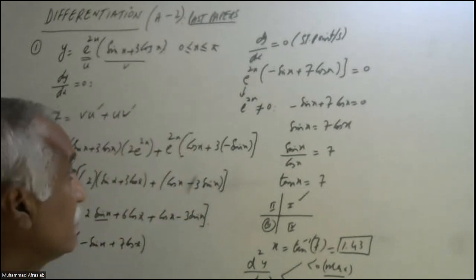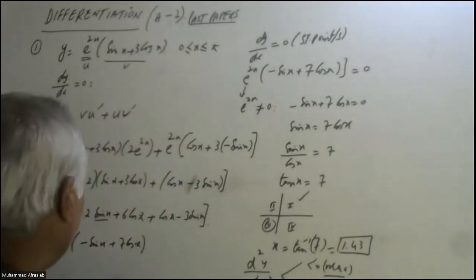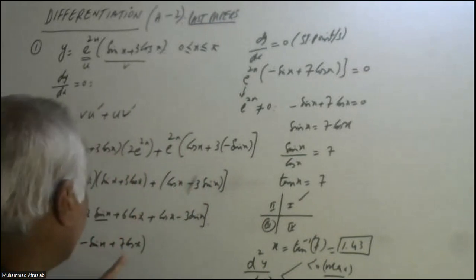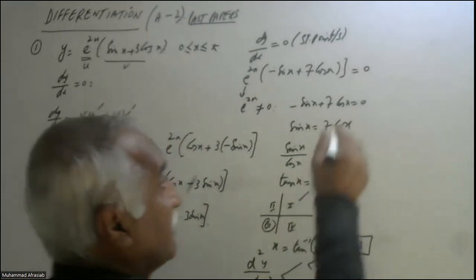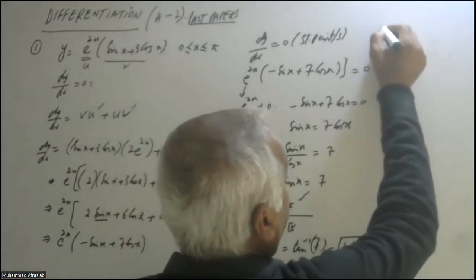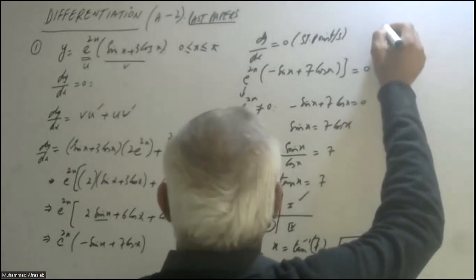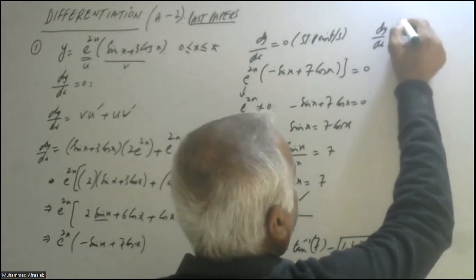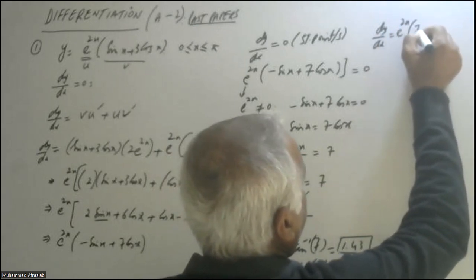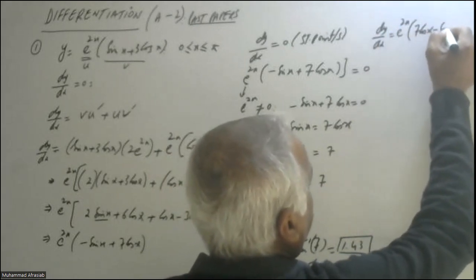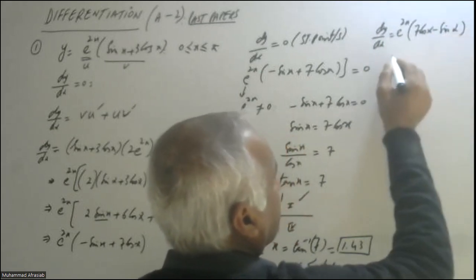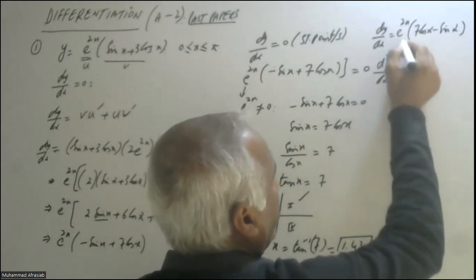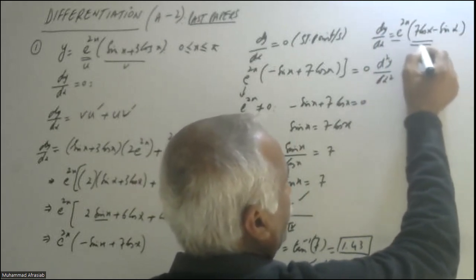Now we will calculate the second derivative of this function, whose first derivative was calculated as e power 2x into 7 cos of x minus sine of x. So we can write it here. The second derivative of this: again, it is a product of the two functions u and v.